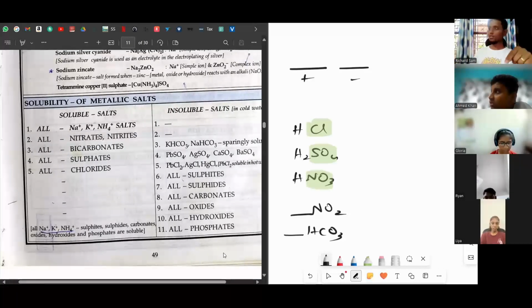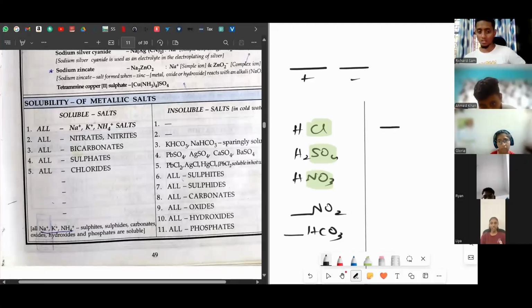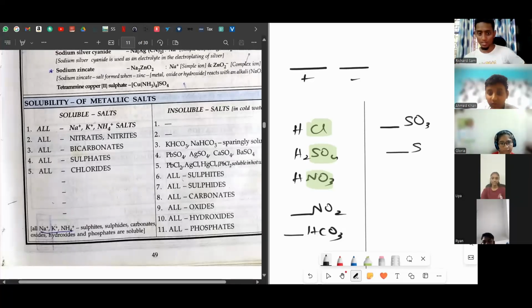And then all these other ones are insoluble, like sulfite. What is the formula for sulfite? Tell me, sulfite. Sulfite is SO3. SO4 and SO3. Then sulfides. Sulfide is what? Only S. Carbonate is CO3.